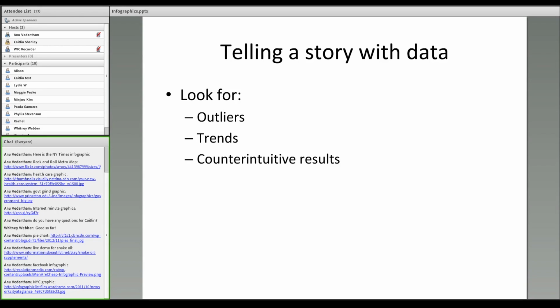You can explore that. Trends, is it something so obvious it would be pretty easy to represent? Are the results counterintuitive? We think things are a certain way, but the data illustrates that they're not. So these are just a few things you might look for if you're having trouble finding a story in your data.